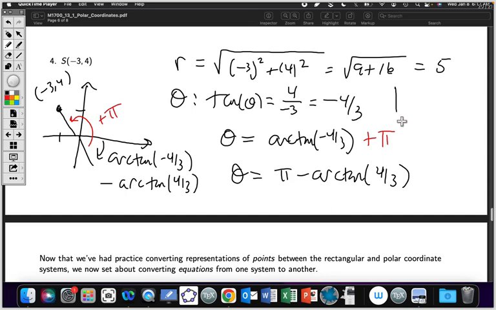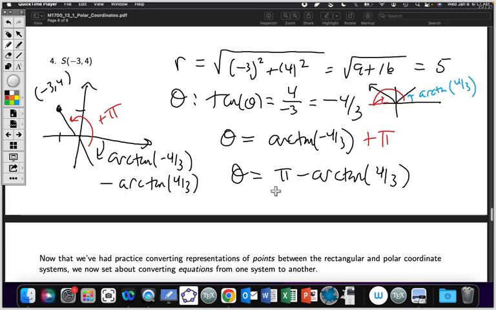Another way to think about getting to this angle is you could look at the arctangent of positive 4/3. Remember, the arc functions of positive numbers give you reference angles. They give you the acute angles. So here's the arctangent of 4/3 in quadrant 1. And so to get to the quadrant 2 variant, you would want to go pi and then subtract that to get back to this.